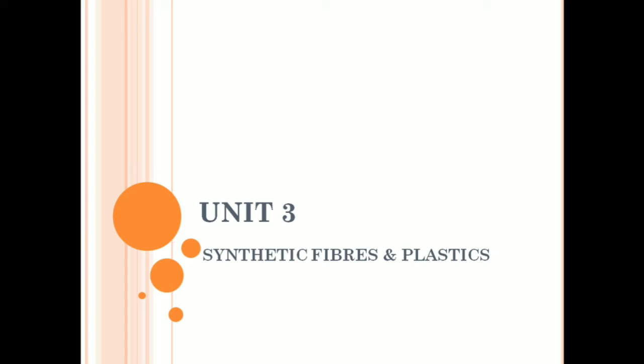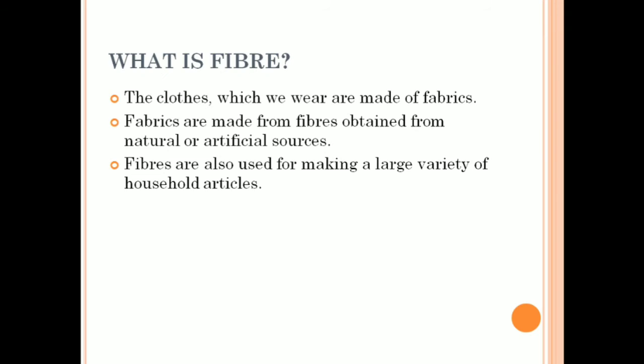So now let's quickly revise what is fiber. The clothes which we wear are made of fabrics, right? How are they made? They are made of fabric. Fabrics are made from fibers obtained from natural or artificial sources. Now the question is, how are these fabrics made?